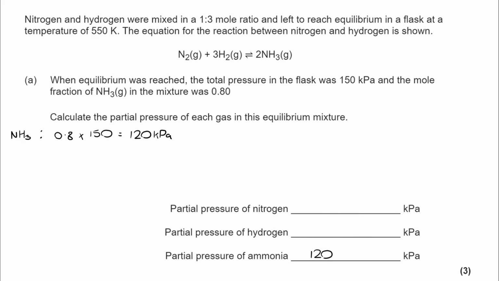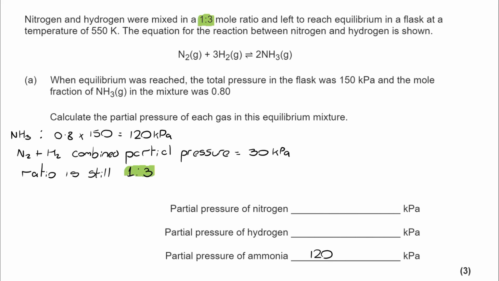Now, to do the remainder, I have got to look at the equation. I know that my nitrogen and hydrogen have a combined partial pressure of 30 kilopascals because that takes me up to the 150. But if 1 mole of nitrogen reacts with 3 moles of hydrogen, that means that however much ammonia I make, the ratio of nitrogen and hydrogen will remain 1 to 3.